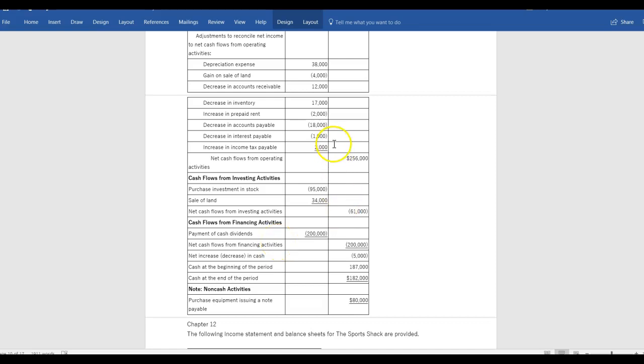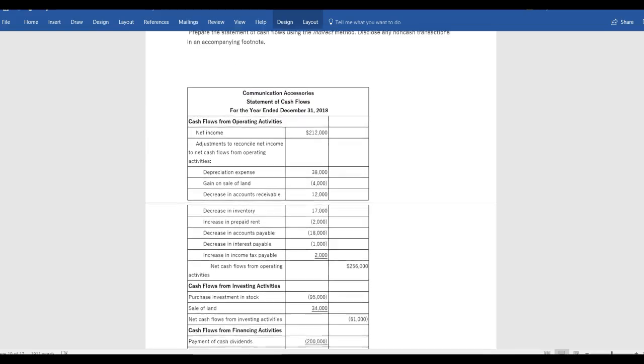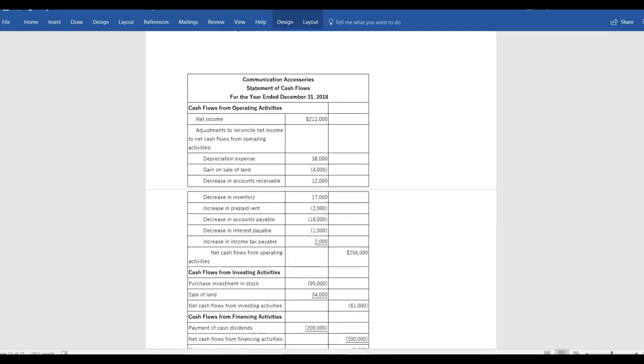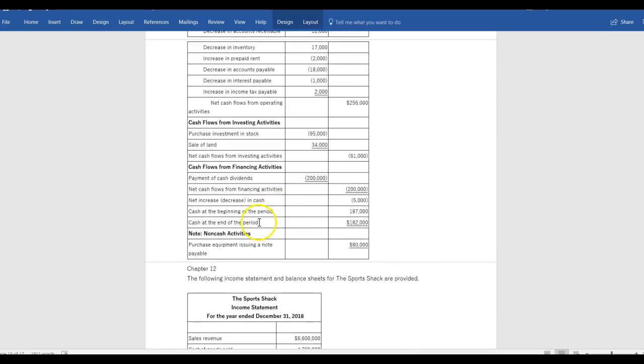So you would need to know, based on all this information, what actually shows up in the operating activities, what shows up in investing activities, and what shows up in financing activities.